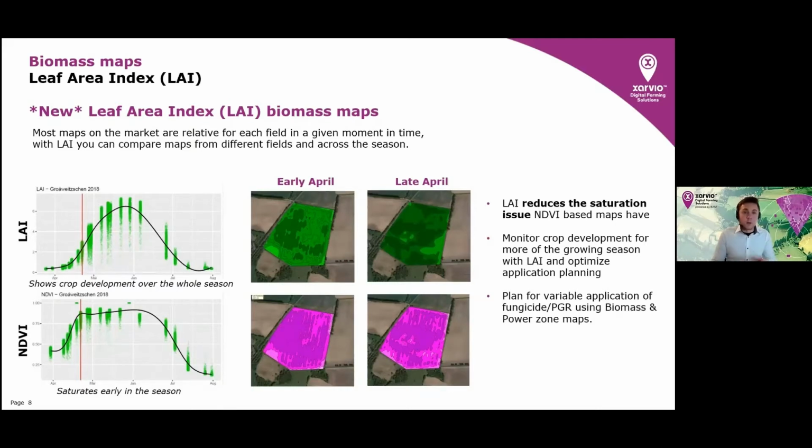So for example, if we look at the images here on the slide and look at the top row labeled LAI, where we have the images in green, and comparing this to the bottom row where we have the pinky purple NDVI images, we could see that as we move into late April, early May, that actually we start to lose the resolution of the NDVI data. It becomes more saturated, whereas we continue to see the differences in the biomass variability across the field with LAI further into the season.